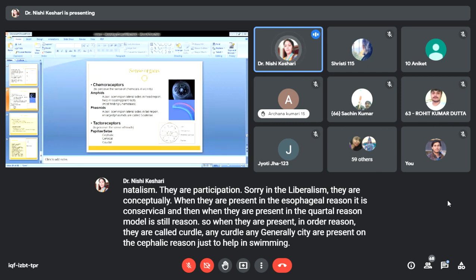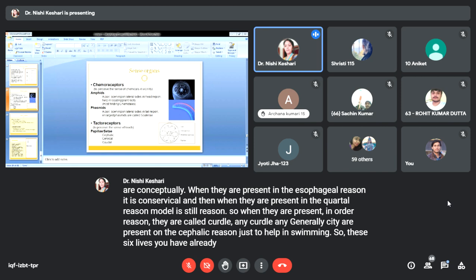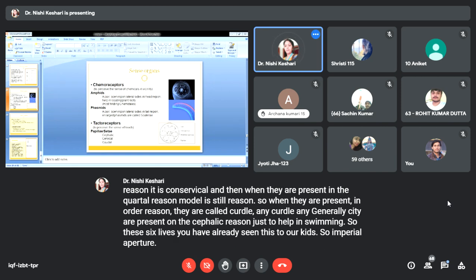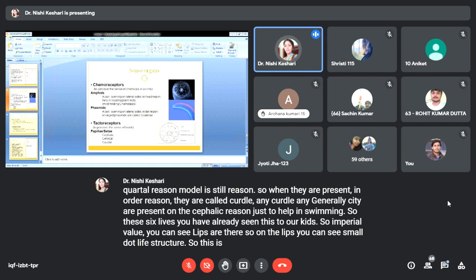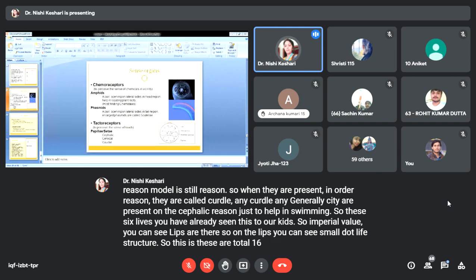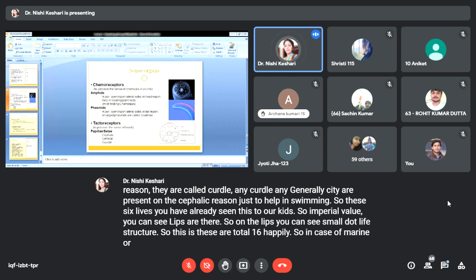So these 6 lips you have already seen. These 2 are amphids, so you can see only the amphidial aperture. Lips are there, and on the lips you can see small dot-like structures. So these are a total of 16 papillae. In the case of marine or other nematodes which are swimming, the papillae are accompanied by setae.